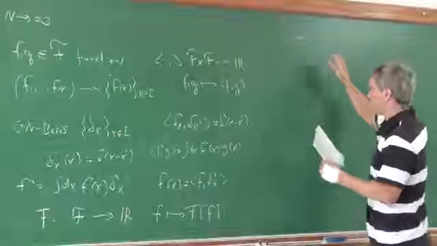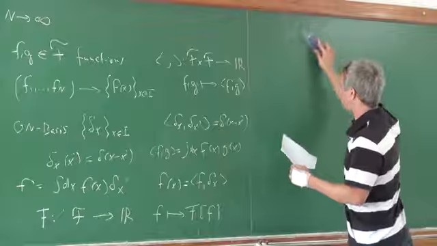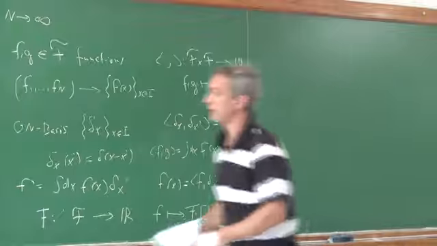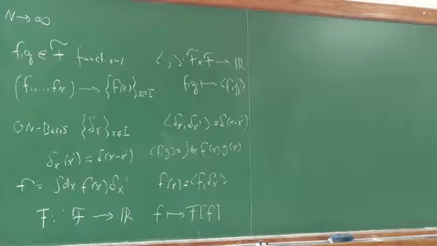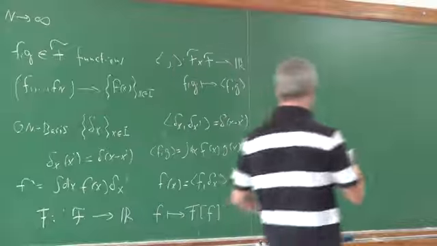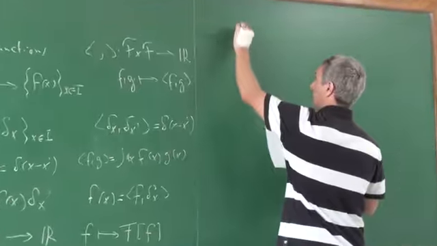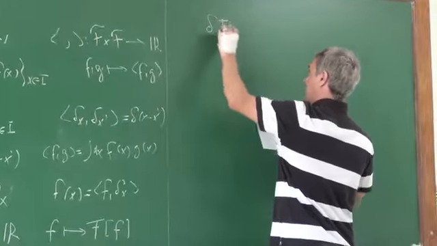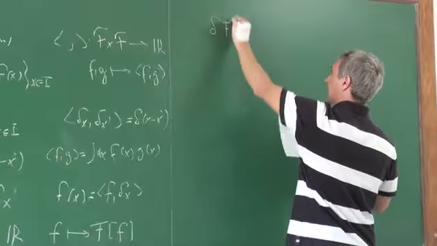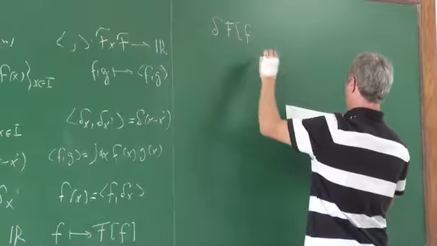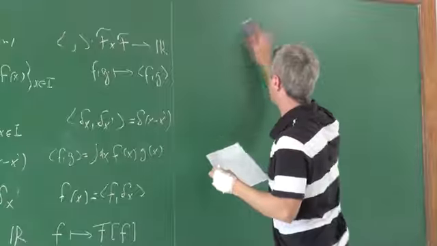So we can define the functional derivative with respect to some coordinate f of i. We can now define it with respect to the function valued at x. This is again just notation. This becomes this kind of symbol. Functional derivative.